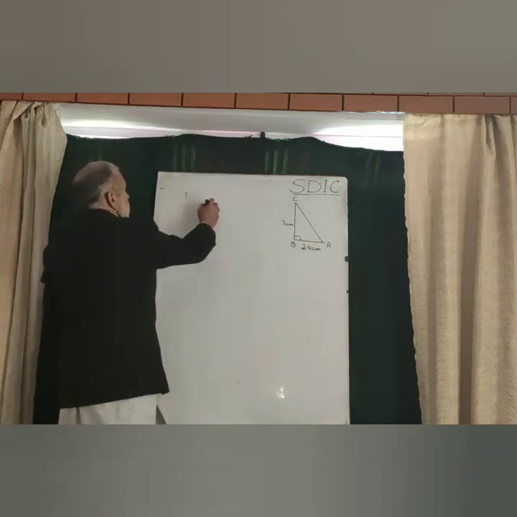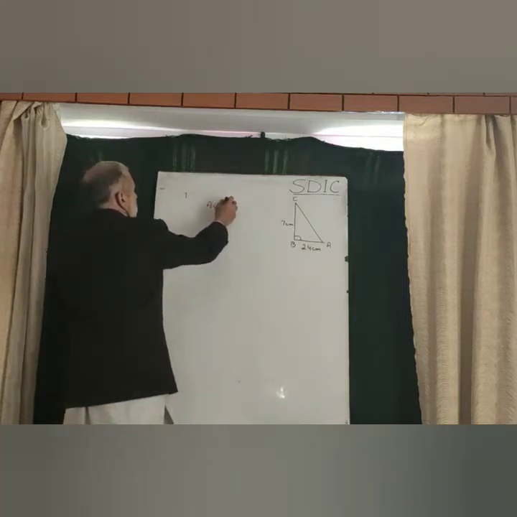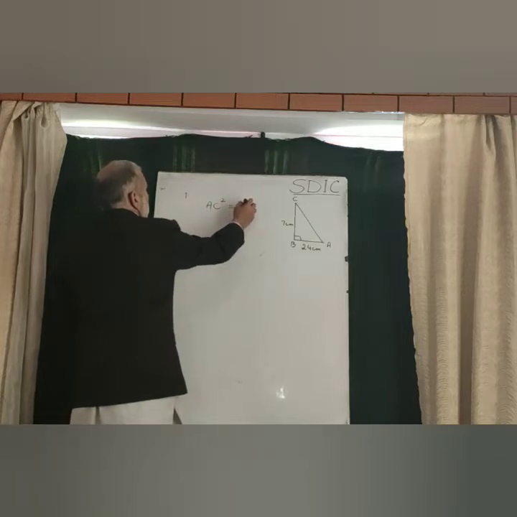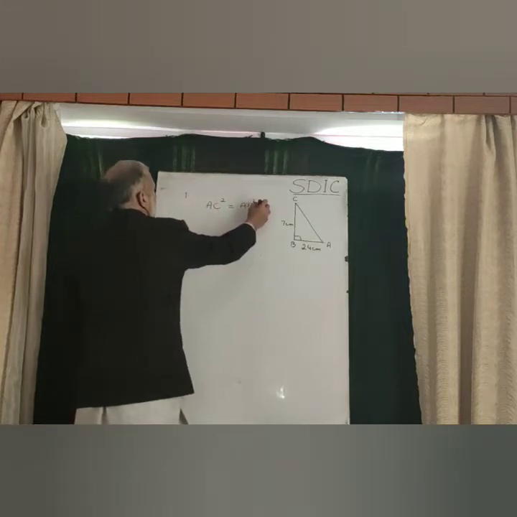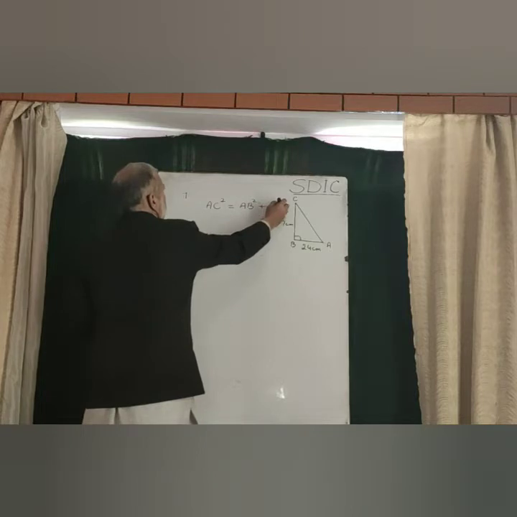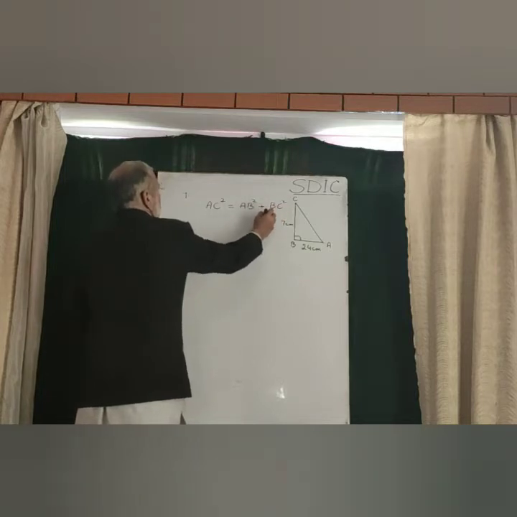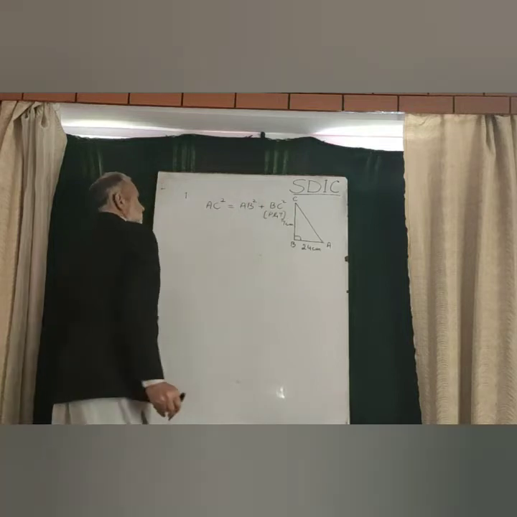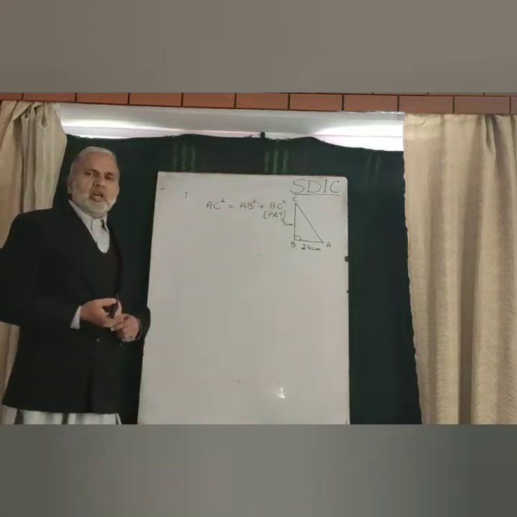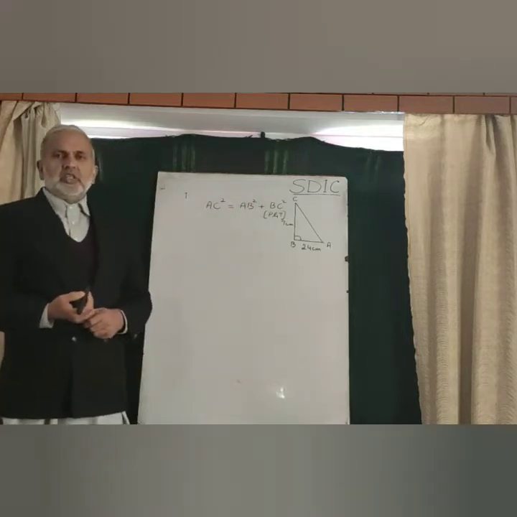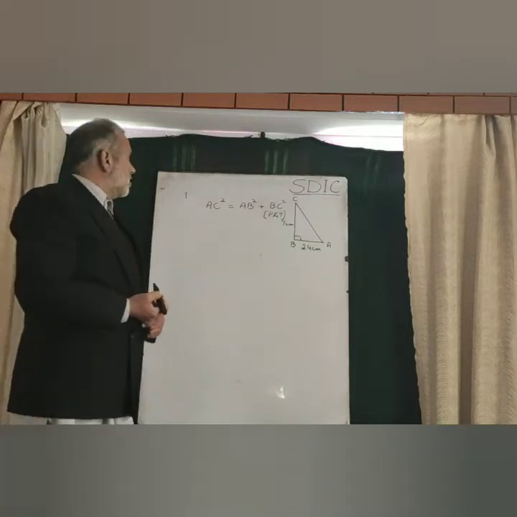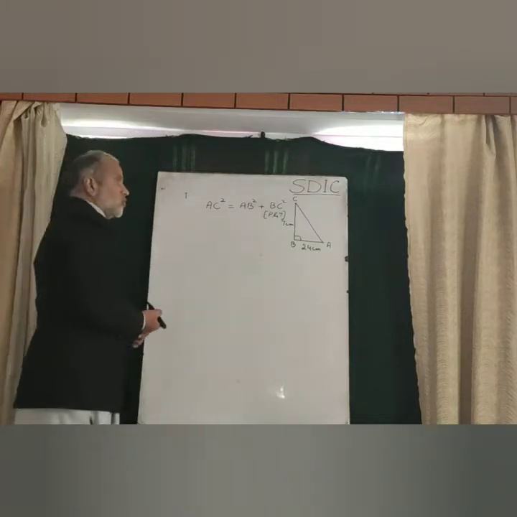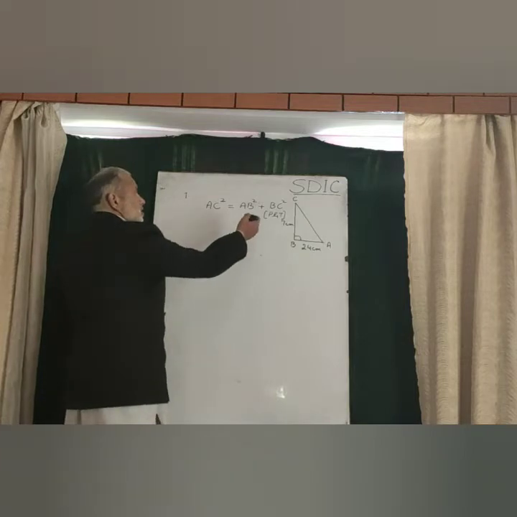So we'll have AC square is equal to AB square plus BC square. In the bracket you will write Pythagoras theorem. And then to find the measurement of this third side, let us put in the known values. AB we know, BC we know.